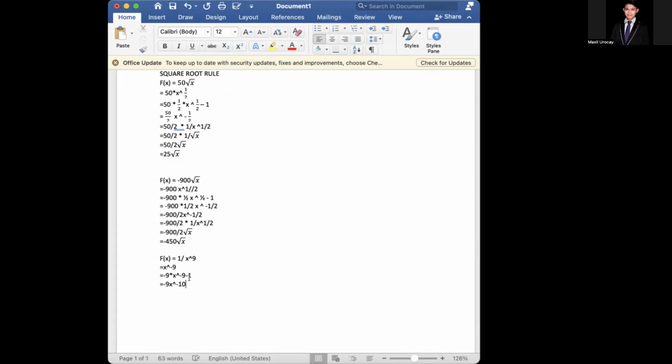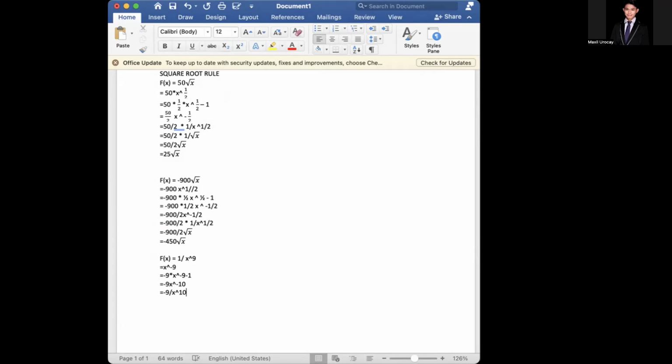Yeah, that's correct. So to remove the negative 10 power, we can write negative 9 over x to the power of 10.